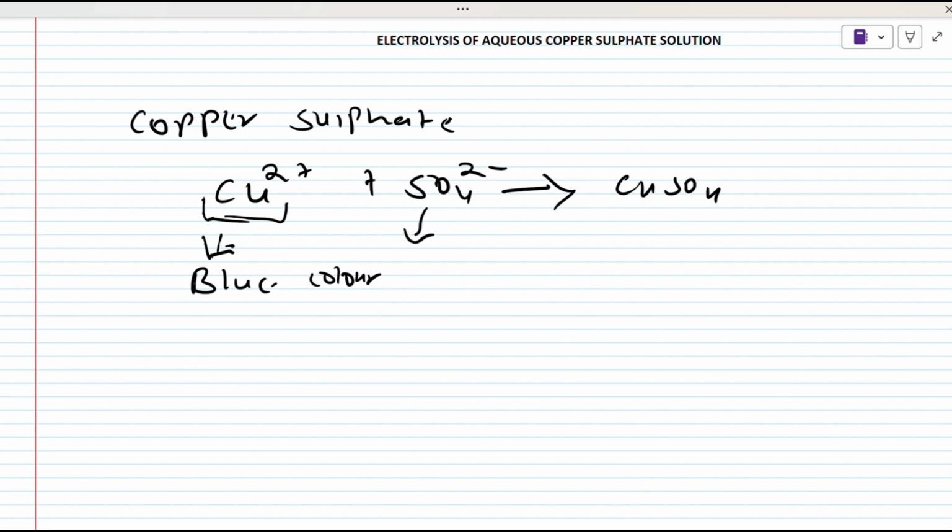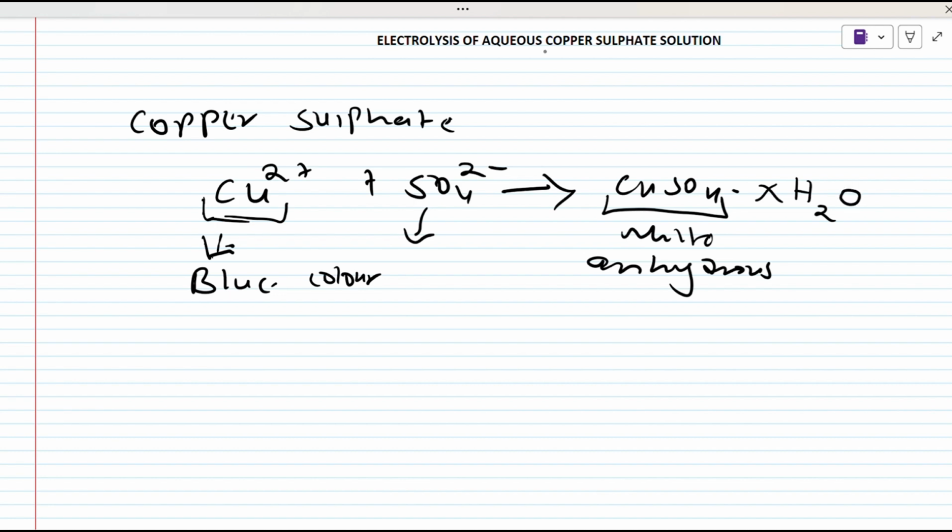But when hydrated, this one is always white when it is anhydrous, meaning it has no water of crystallization. But when hydrated, it will have some molecules of water, where X can be a number, 2, 3, 4, etc.